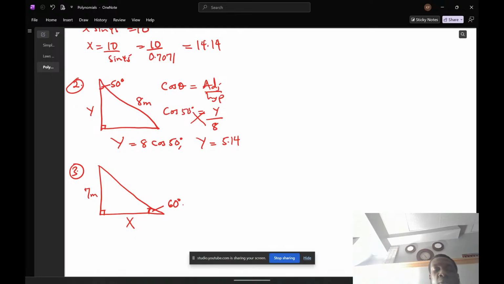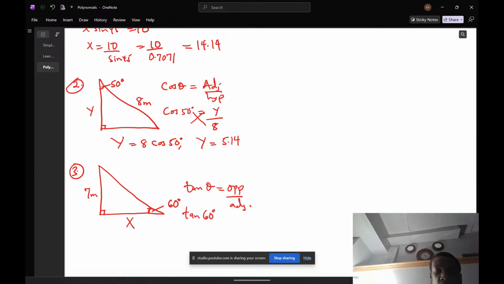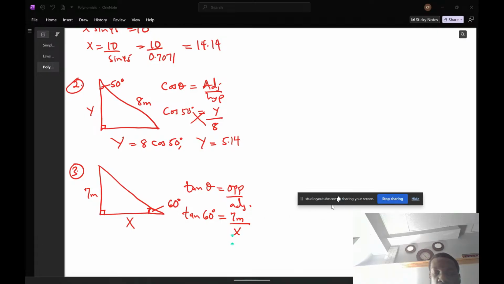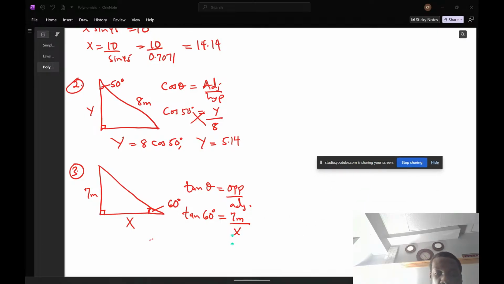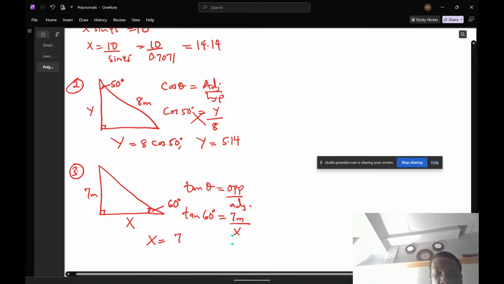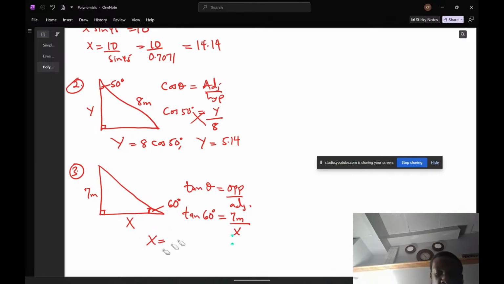In this case, we're given opposite and adjacent. The trigonometry term that combines these two is tan theta. So tan theta is equals to opposite over adjacent. So we have tan 60 degrees is equals to 7 over x. When you cross multiply, x tan 60 degrees is equals to 7 meters.